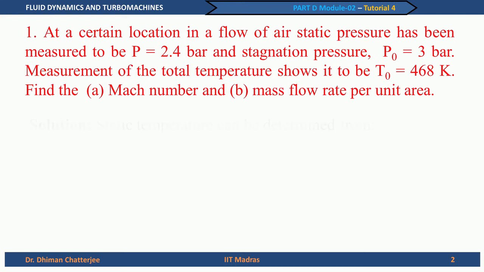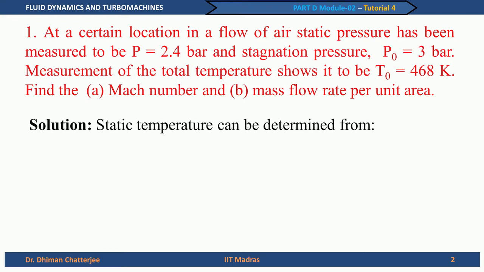So, let us start with what we have. We can say that the static temperature can be determined by the relationships of temperature and total stagnation temperature, and the static temperature connected with the stagnation pressure and the static pressure. In the problem that we have been given, we know both the static pressure P and the stagnation pressure P naught, and we are also assuming gamma to be 1.4 for air.